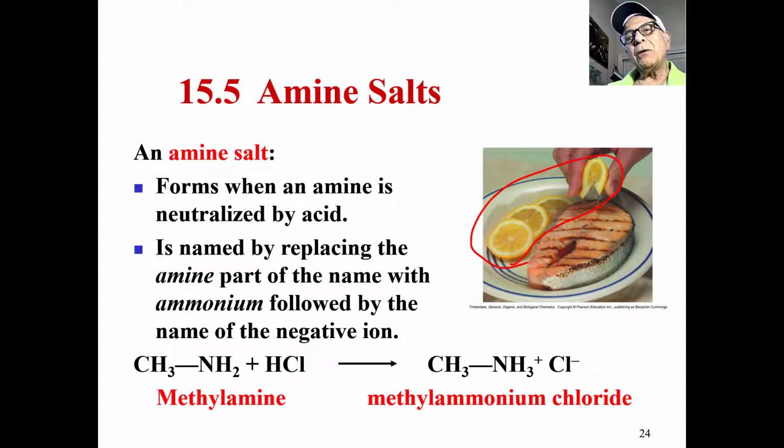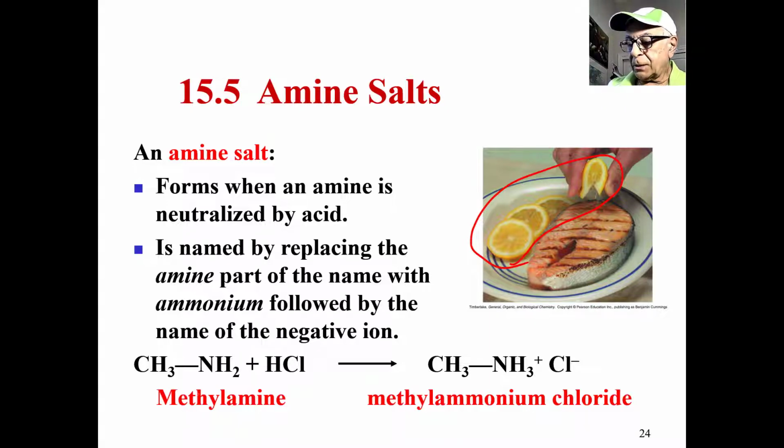The foul smell of fish is because of the amines. So the acid in lemon is going to neutralize the amine. Those volatile amines are neutralized, and the fish doesn't smell as bad.